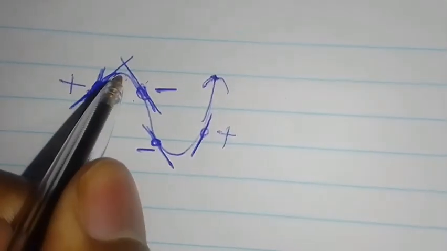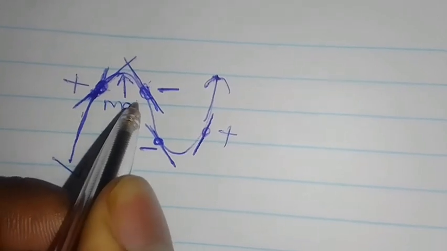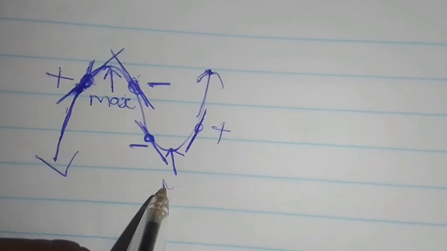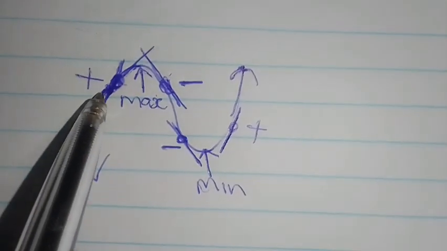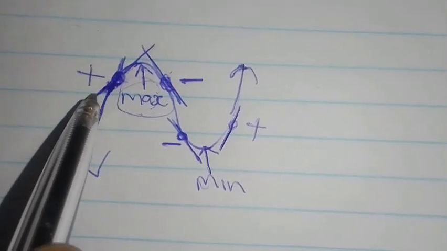But now notice that this function has a turning point here, and it's a maximum. And here you also have a turning point, and it's the minimum. Now what do you realize? You have a local maximum when a function's gradient changes from positive to negative.